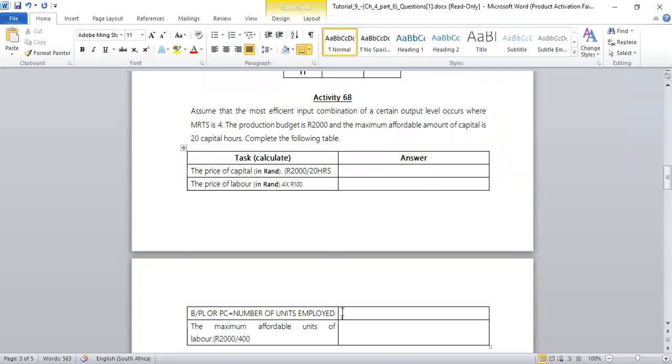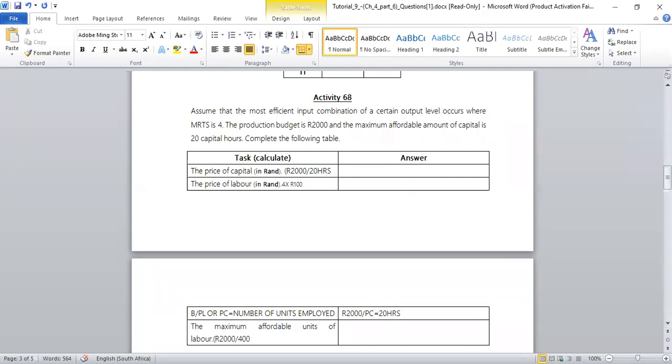My budget is 2,000, divided by the price of capital. This gives me how many hours of capital employed, which is 20 hours.